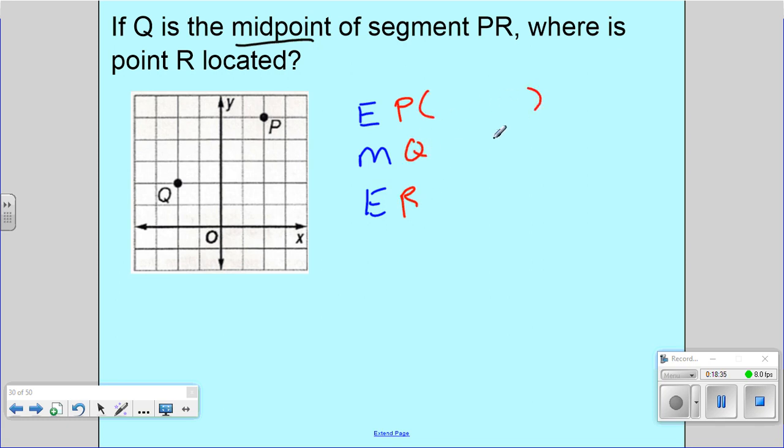Let's find the coordinates of what we have, and that will help us find the coordinates of what we need. So P is located at 2, 5, and Q is located at -2, 2.